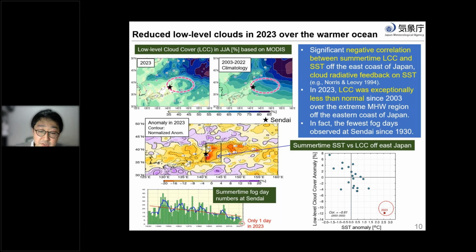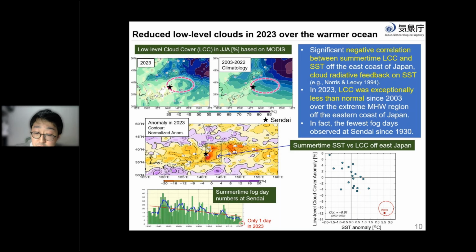So these conditions suggest that the marine heat wave, due to the Kuroshio Extension's northward displacement, set unfavorable conditions for low-level cloud formation, contributing to record high surface air temperatures through enhanced insolation in the OEJ region and surrounding coastal regions.